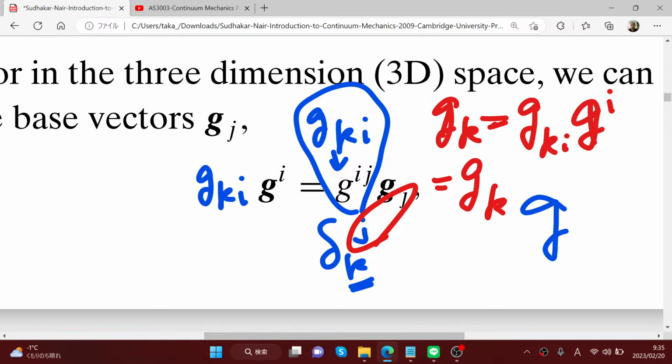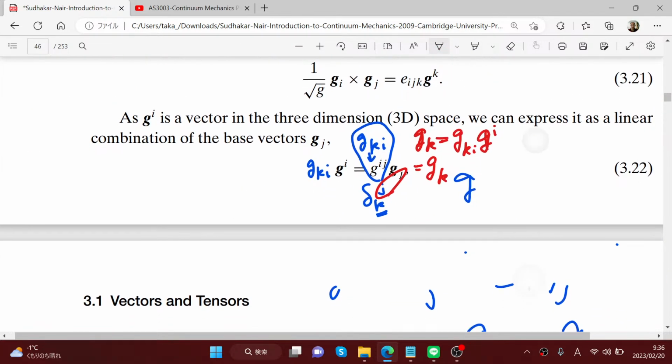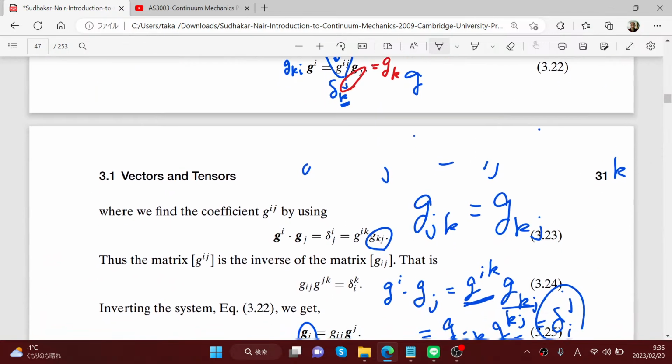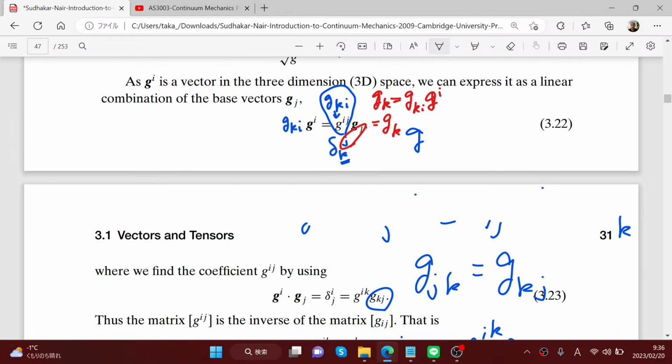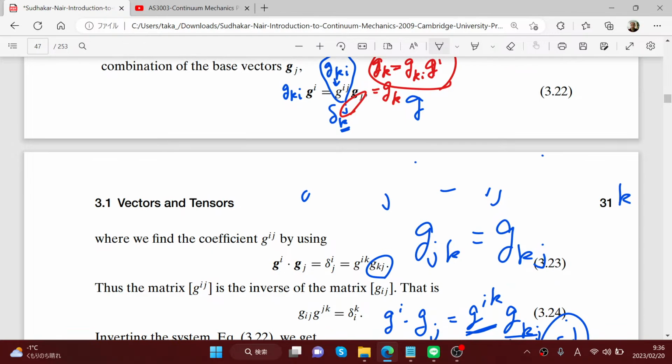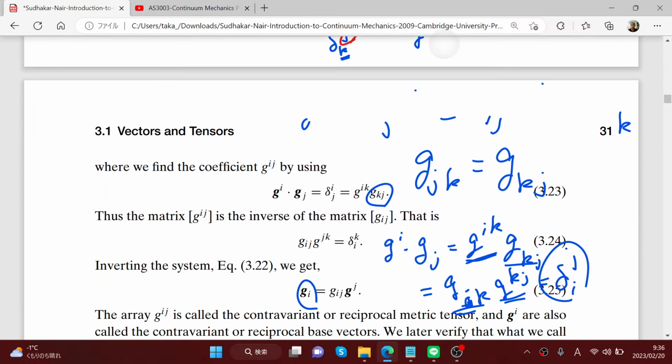This is a vector. So this thing is the same as this thing.